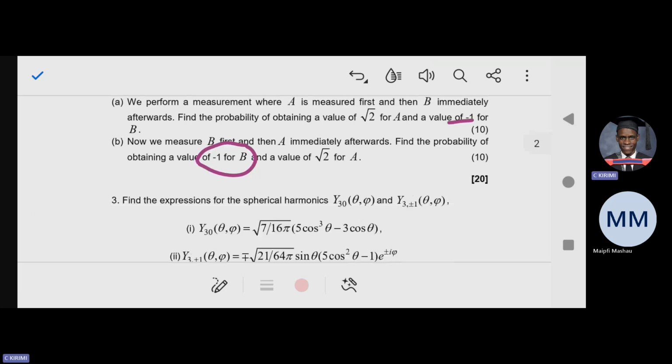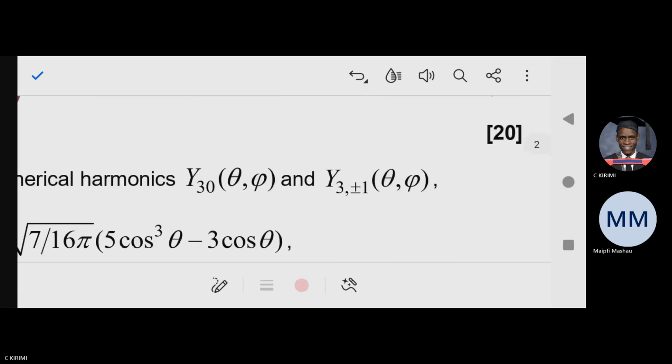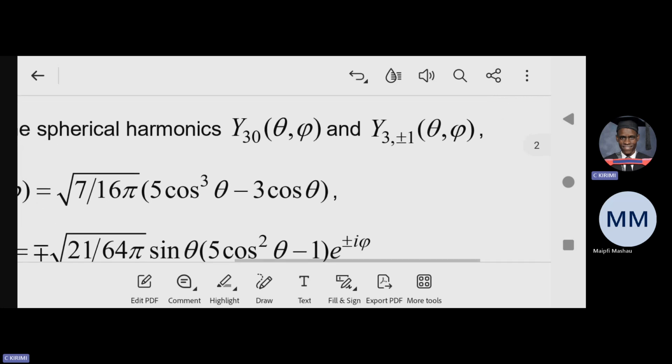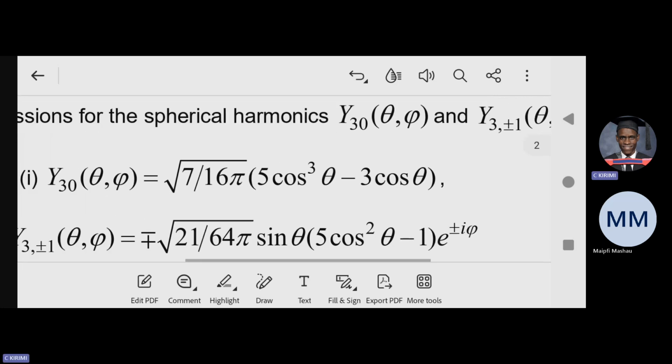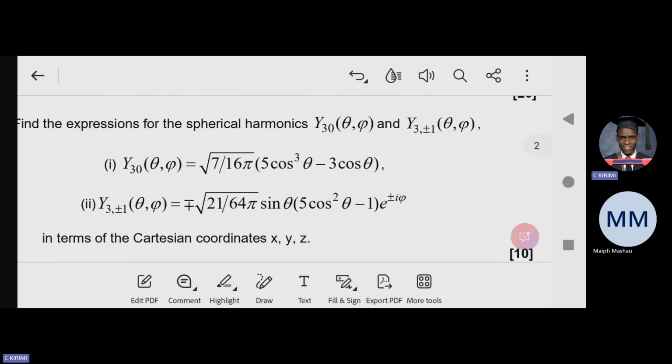And then here, we are given the quantum numbers, ML, the magnetic quantum number, and the spin, whether it's +1 or -1. So this is what you do when you are given these spherical harmonics.